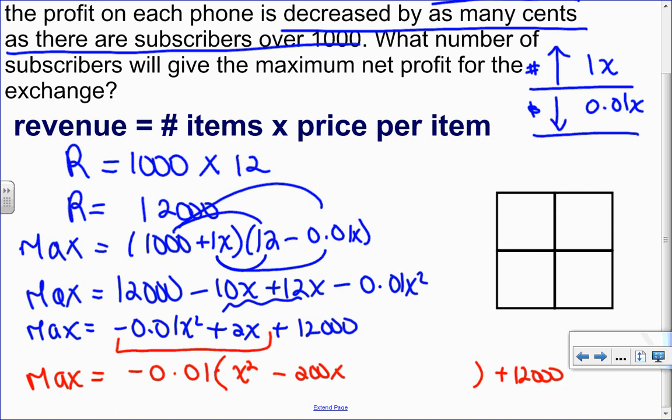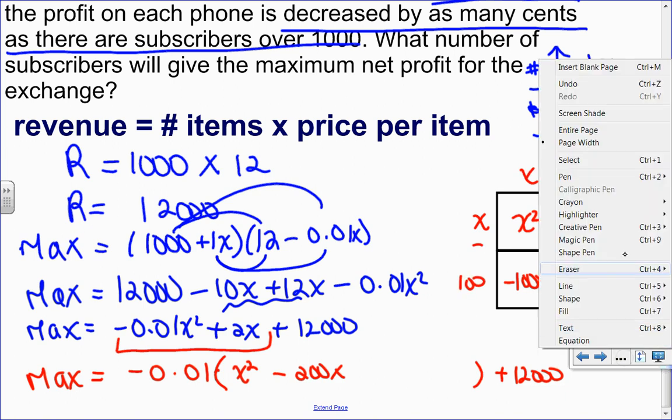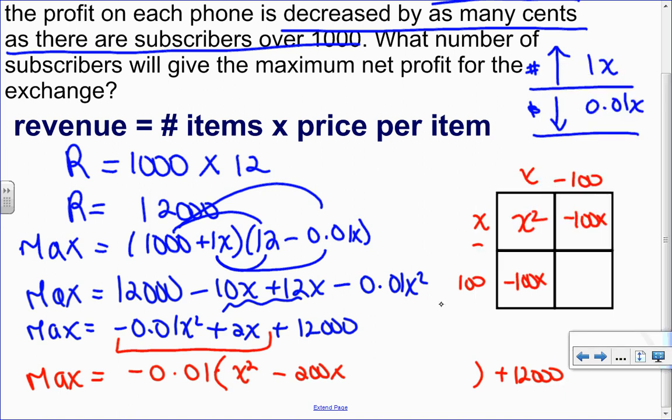So let's go ahead and complete our square now. I have x squared that goes here. I take negative 200x and I divide it into 2 equal pieces. Let's double check that, because I always like to check just to make sure I'm right here. So x times x is x squared.